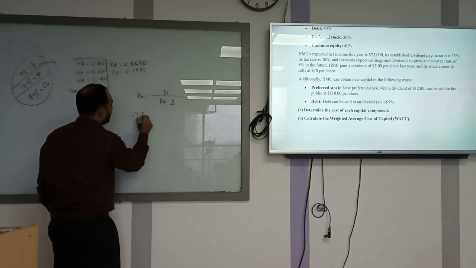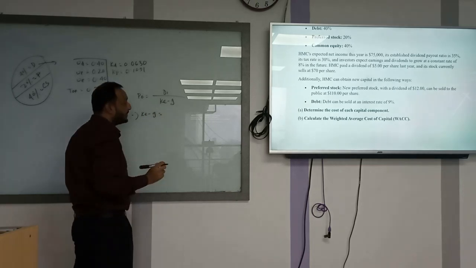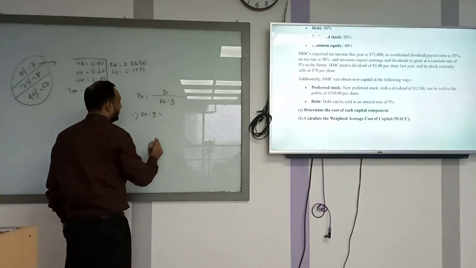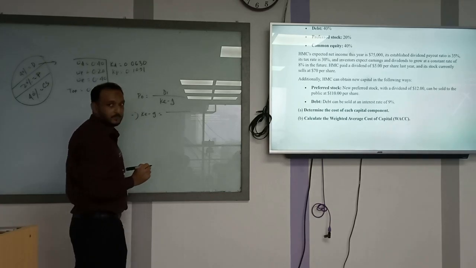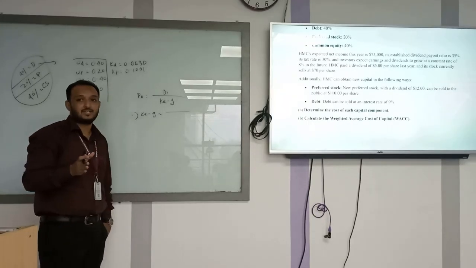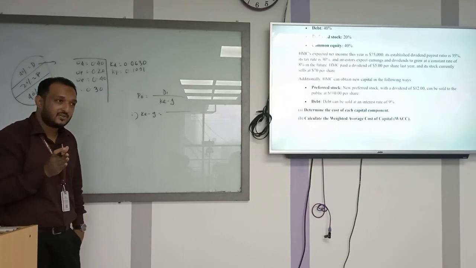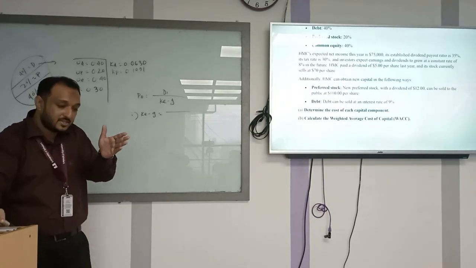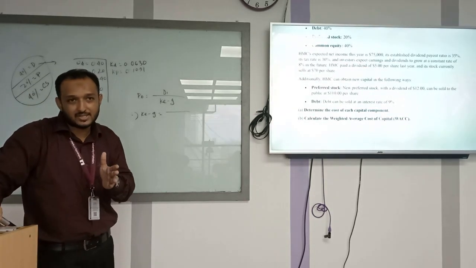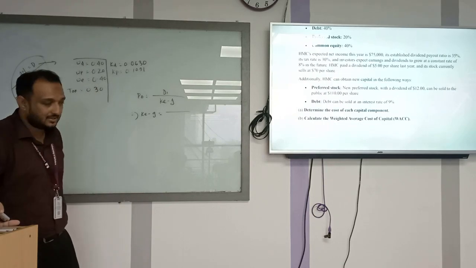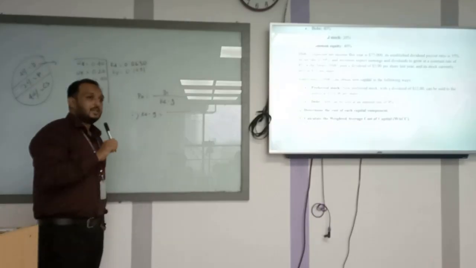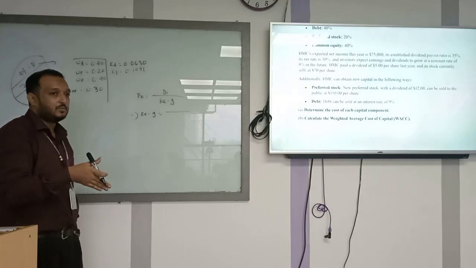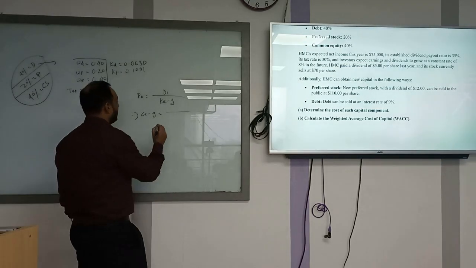So again P naught ওটা কি? Price. So price of last year? No, current price. Current. Present value doesn't mean the earlier year present value, means present today. At present কত টাকা বিক্রি হচ্ছে, clear? So P naught হচ্ছে price of common equity now or at this point.